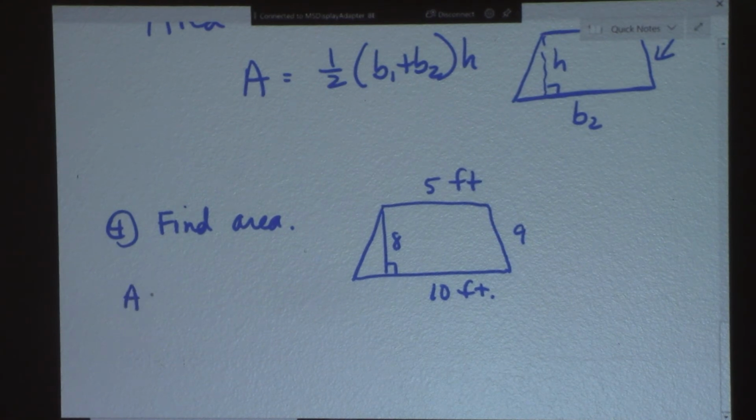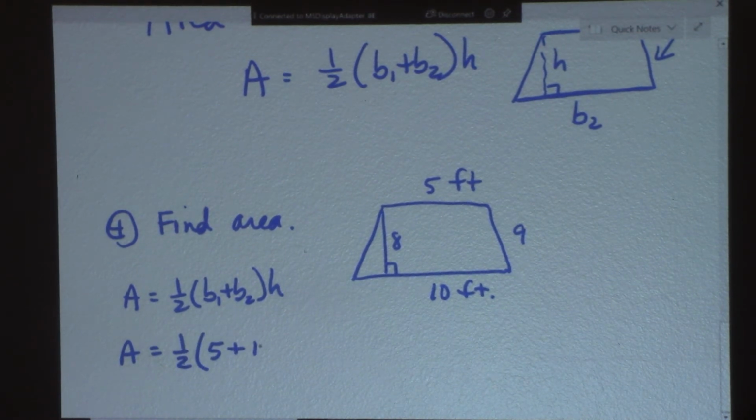All right, so first I'm going to write down my equation, just because I always like to have it there, and I make sure that I put every number in that has to go in. So I'm going to have 1/2, and then B1 is 5, B2 is 10. Now the height, be careful, it's not 9, it's not my slant, it's going to be 8.